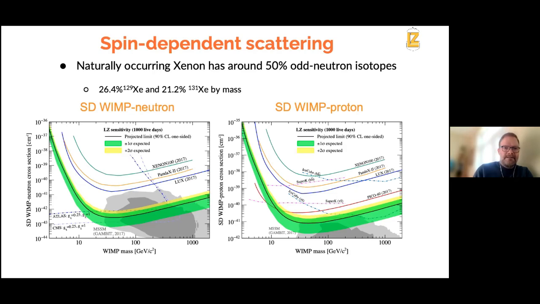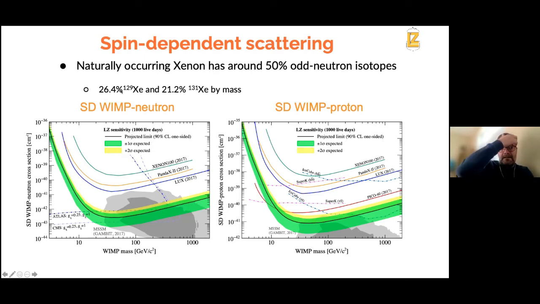So here are these results, just for comparison. I should say, xenon is also a good target material in this case, because these isotopes, xenon 129 and 131, which have unpaired neutrons, have quite large abundance.